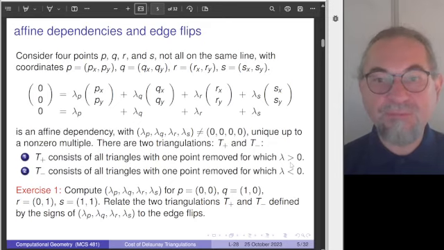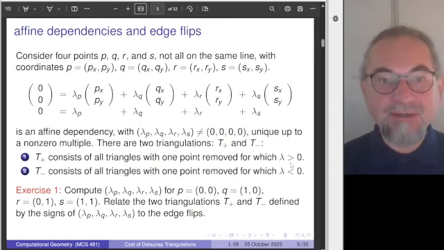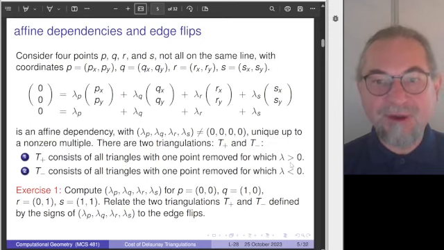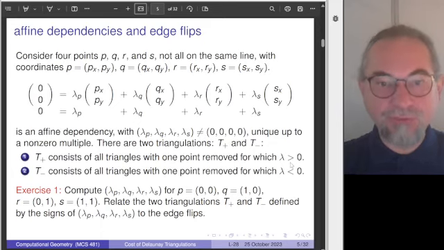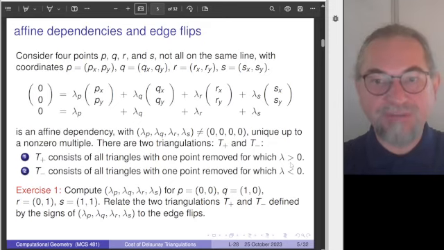So if we have 4 points, not all on the same line, then we can define affine dependencies between the coordinates. An affine dependency is a non-trivial linear combination of these points. Non-trivial: you can have all the coefficients lambda equal to 0, but that's trivial, so that's not allowed.